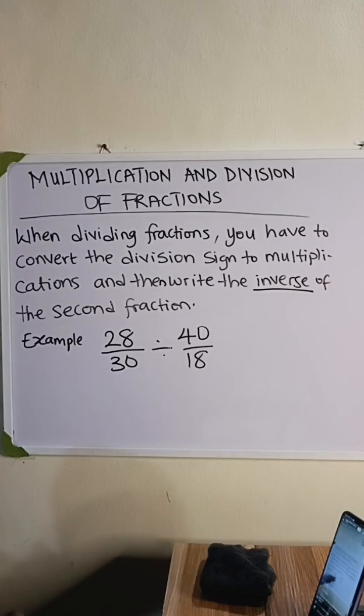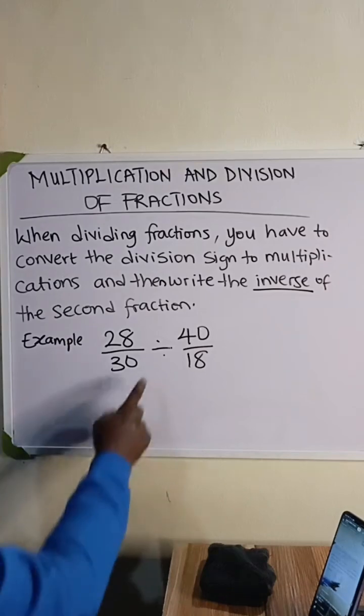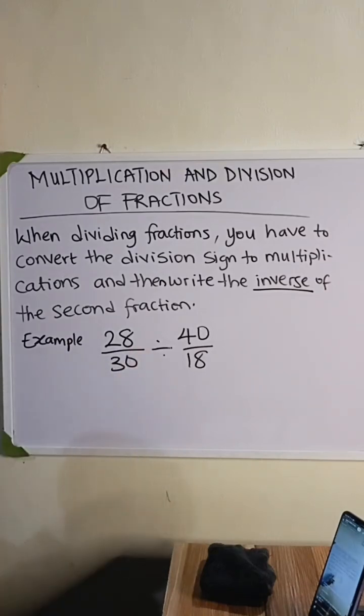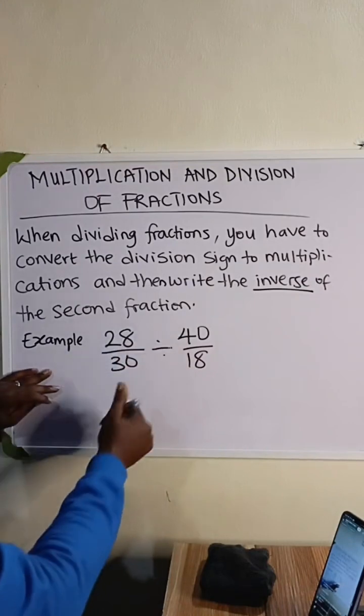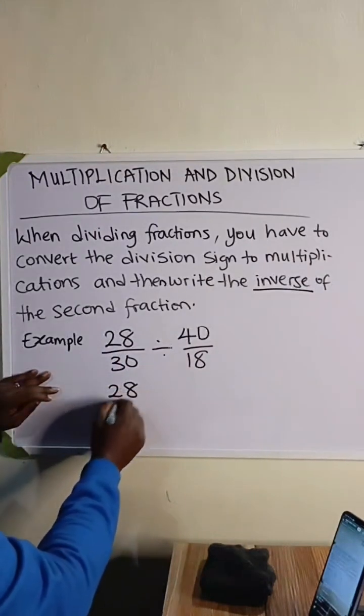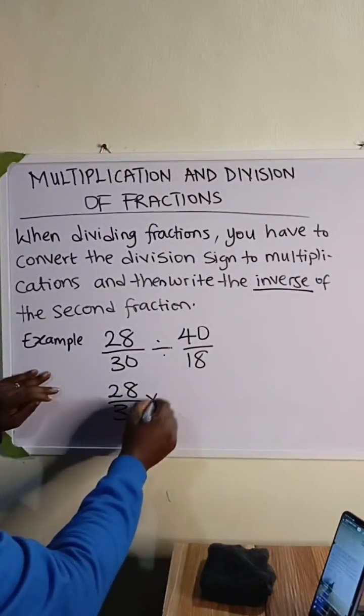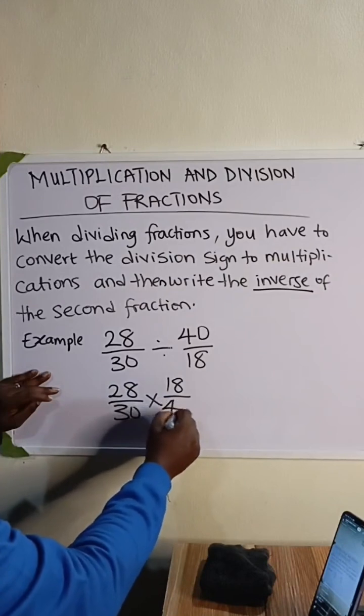Just as we did in the previous example, the first thing we do is convert the division sign to multiplication and then flip the second fraction. 28 over 30 times 18 over 40.